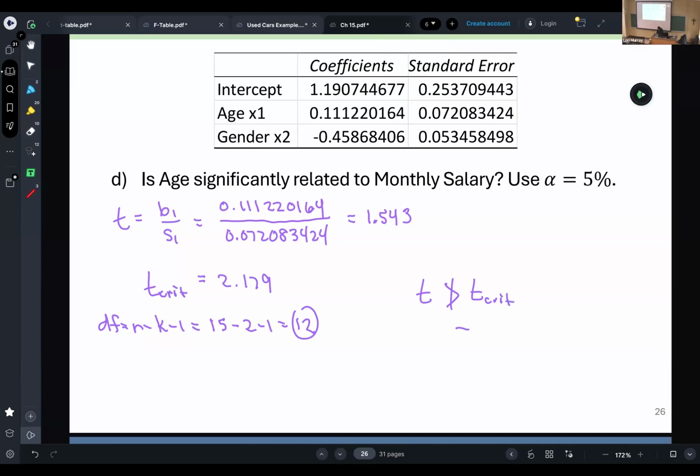So therefore we cannot reject H naught, and age is out.